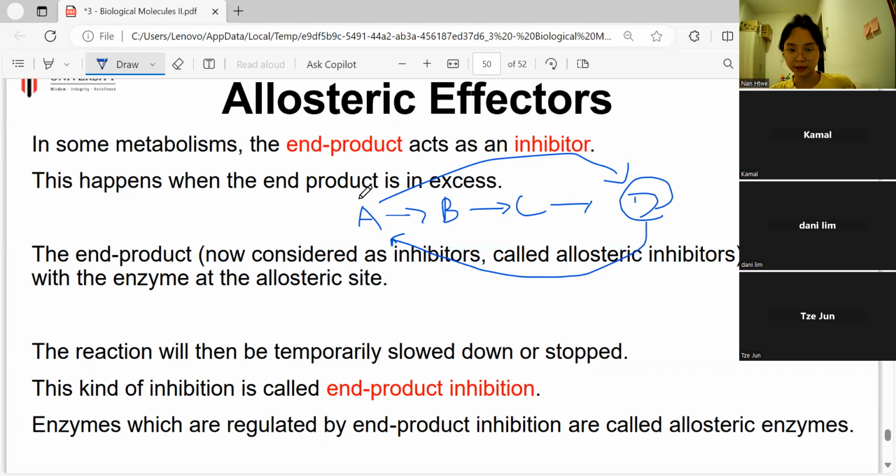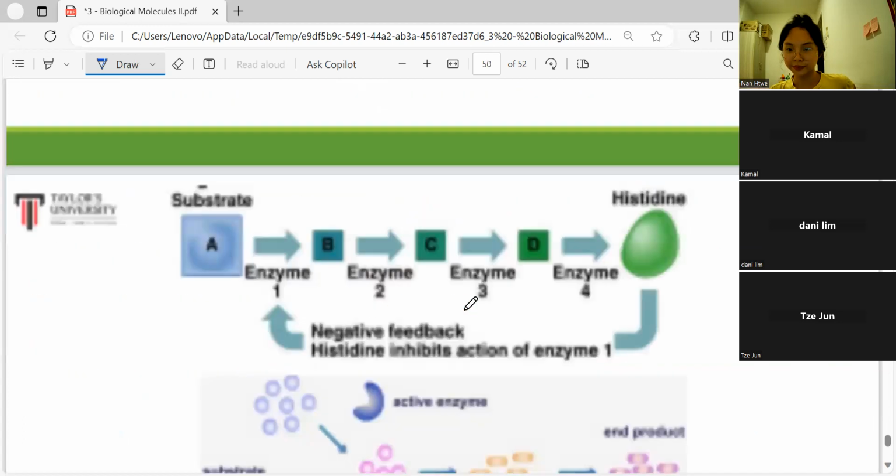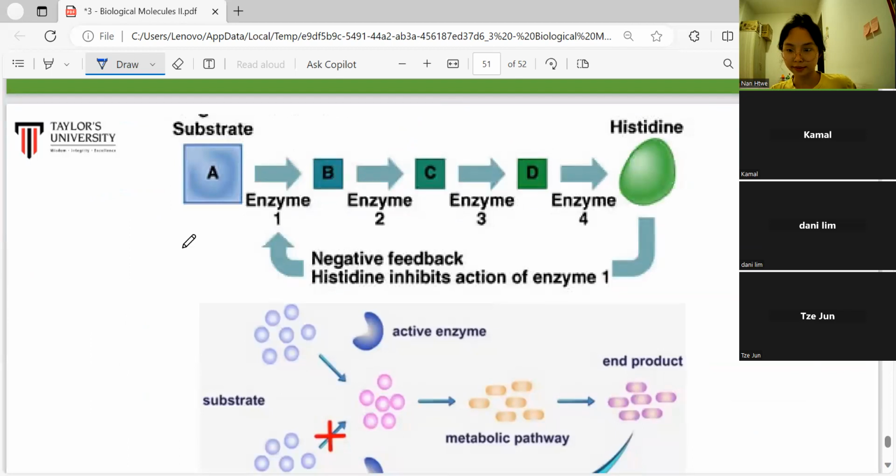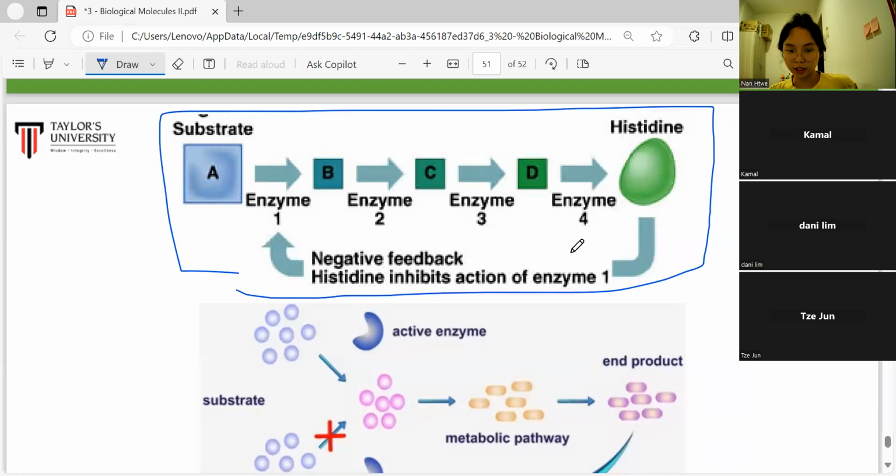Try to read it on your own as well. You don't need to draw this one. It's just to make you understand. Okay, so that is it.